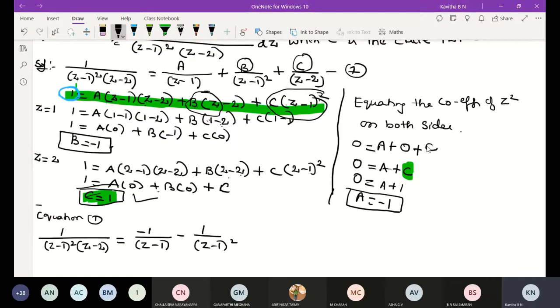Then substitute the C value, plus 1 by (z minus 2).